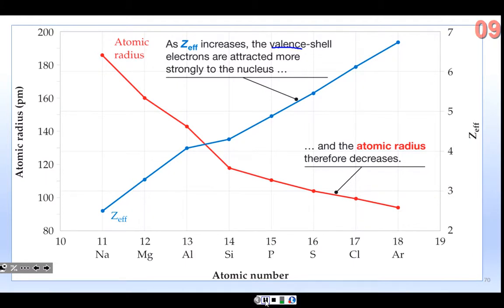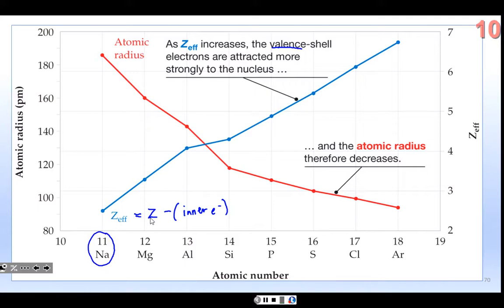So if you think about sodium right here, it's going to apparently have a low effective nuclear charge because it has 11 protons and it only has 1 valence shell electron. And so that outer shell electron is shielded by the 10 inner shell electrons. So the effective charge is going to be the total nuclear charge, in other words, the atomic number, minus the inner electrons, the non-valence electrons.